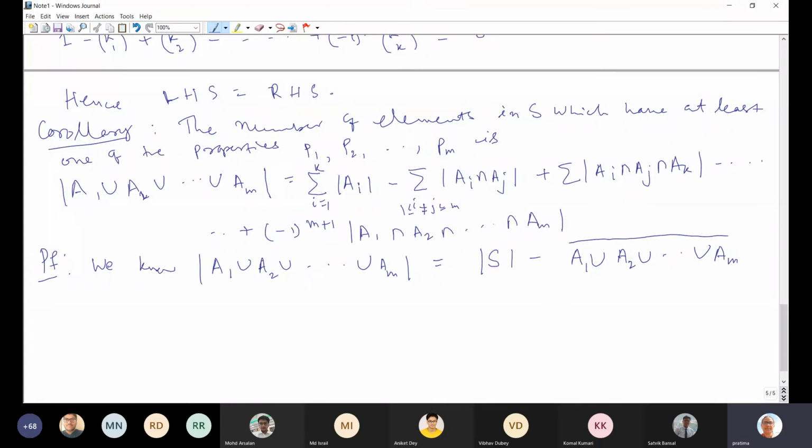Is it true that it is the cardinality of S minus the cardinality of the complement of the set we are considering on the left hand side?